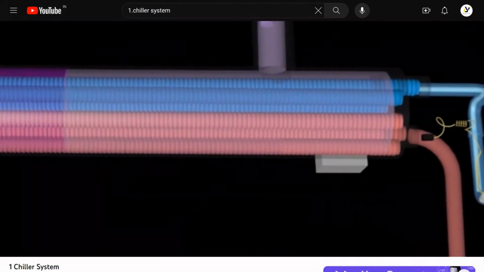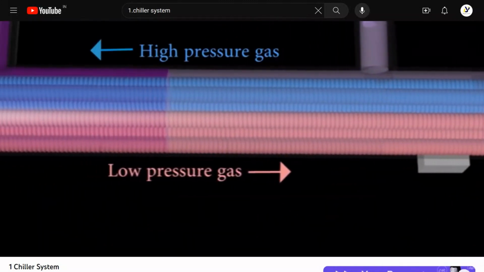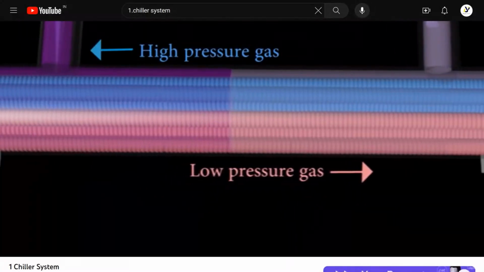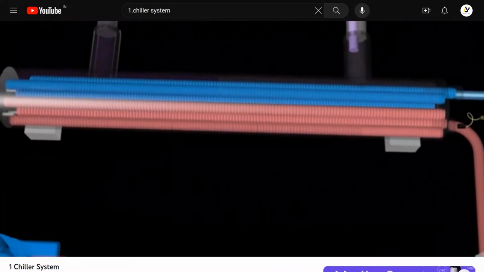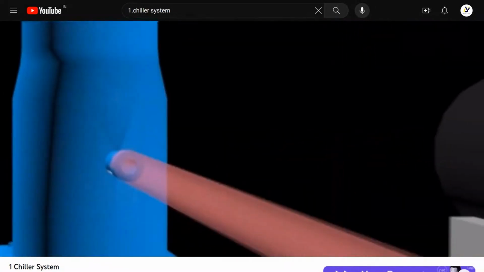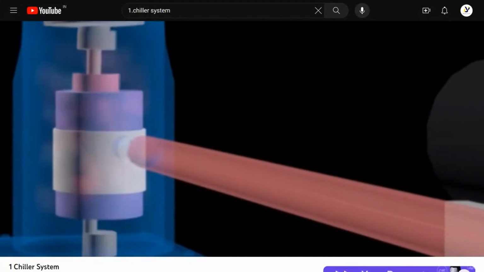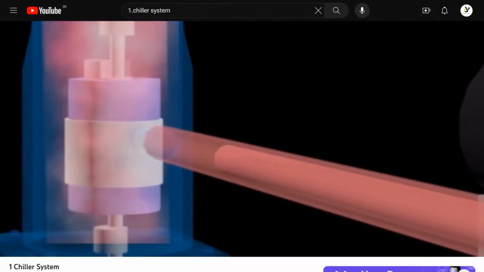The evaporator most commonly used is the shell and tube type, where the refrigerant flows in the tube and the water floods the shell. The evaporator is insulated to reduce heat transfer. The refrigerant as a low-pressure gas will return to the compressor and continue to the next cycle.